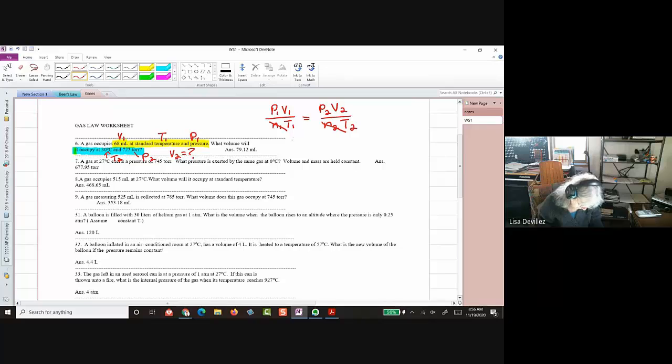So I have standard pressure, 760 torr, and then 68 milliliters over, and this is in Kelvin, so standard temperature is 273 Kelvin. Then my T2 is 30 Celsius, so plus 273 to get it into Kelvin. That's going to be 303 Kelvin.